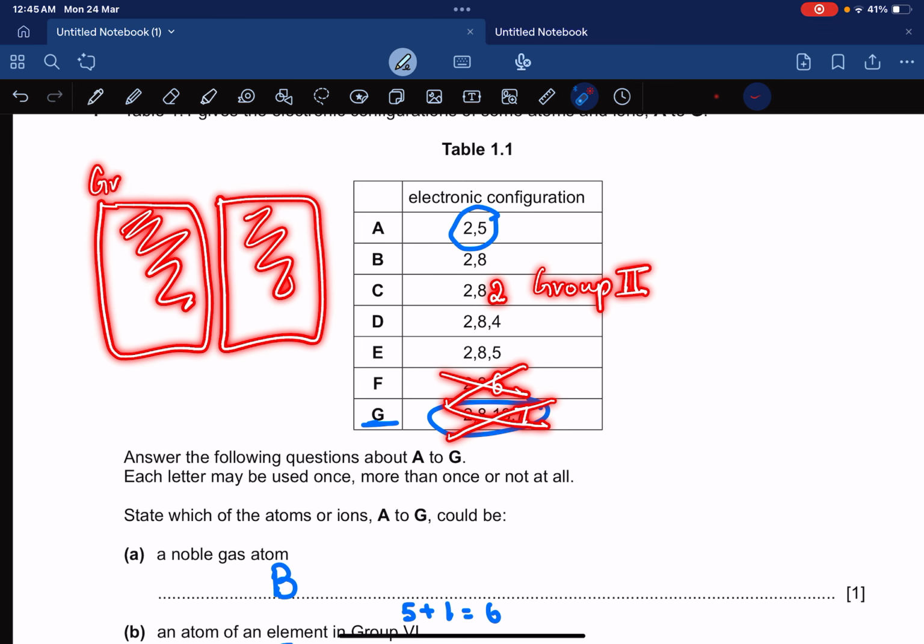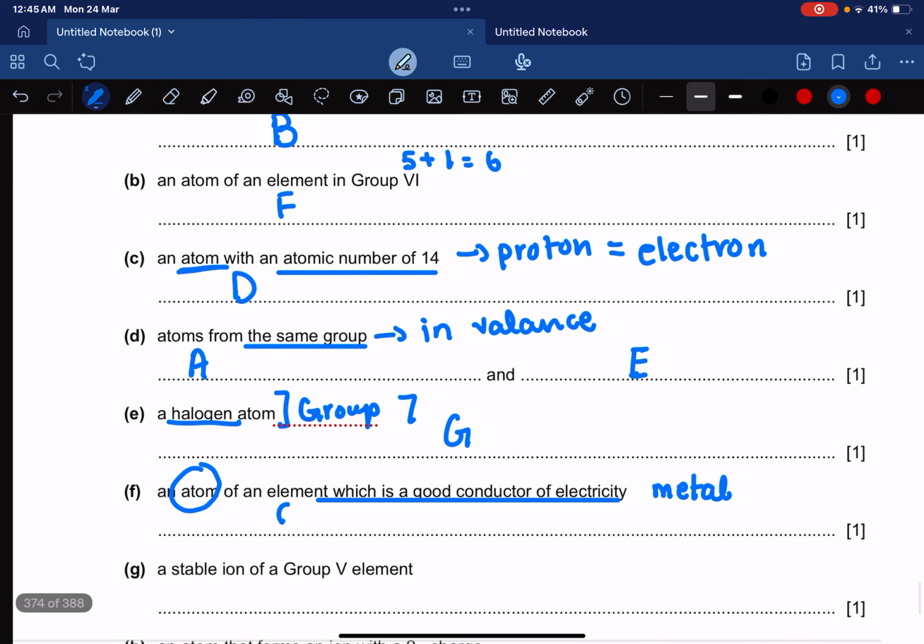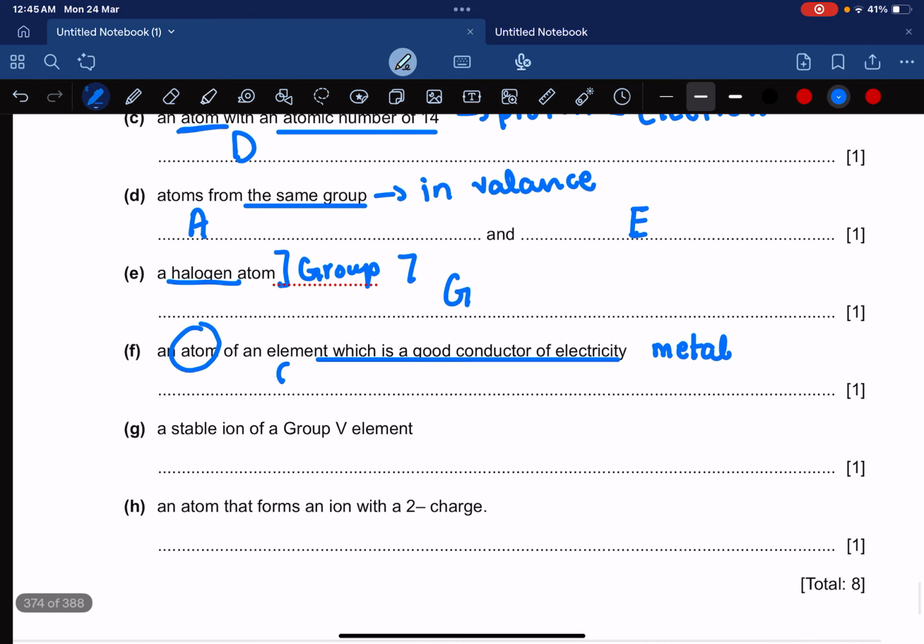Over here you have group 1, group 2, these are all metallic groups. Then you have the transition metals, then the metalloids, and then the non-metals right here. So this is going to be C. C is going to be a good conductor. Why? Because it's in group 2. So an atom of an element which is a good conductor is C.